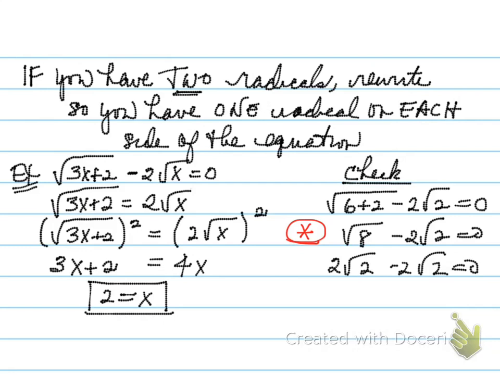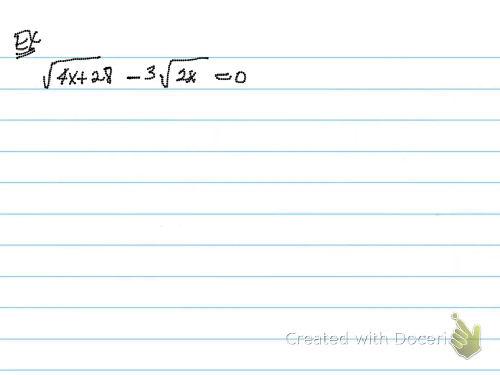Alright, let's go through a couple of examples along these lines. Here's your next one. The square root of 4x plus 28 minus 3 root 2x equals 0. So first step, put one radical on the left, one radical on the right.